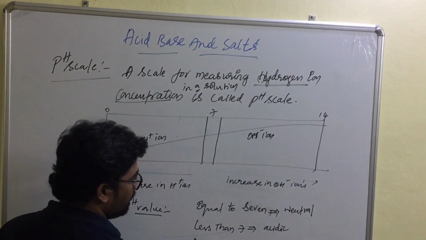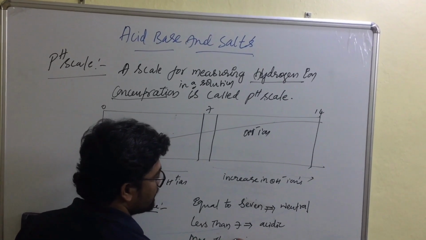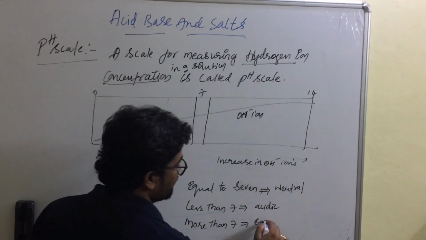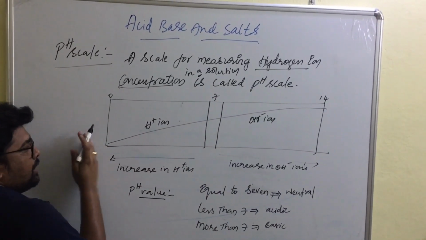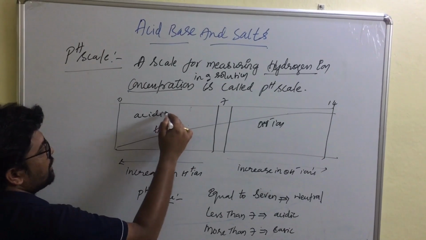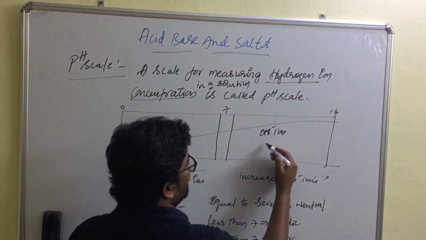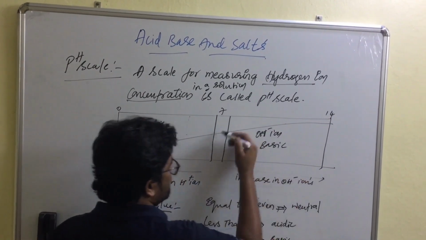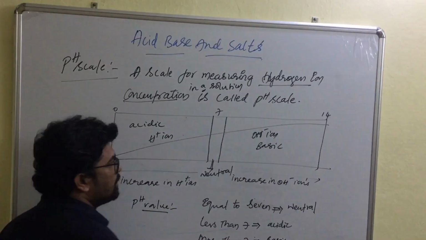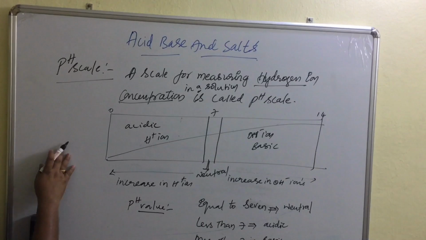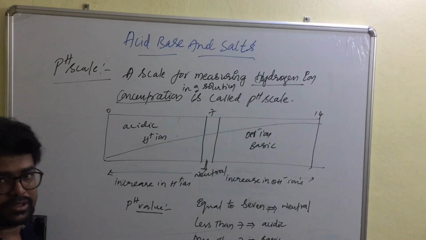If the pH value is more than 7, we call it basic. यानी value 0 से 7 कम रहा तो acidic, 7 से ज़्यादा रहा तो basic, 7 रहा तो neutral. So because of this pH scale, you can know the nature of a substance.